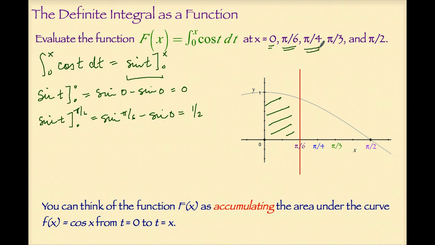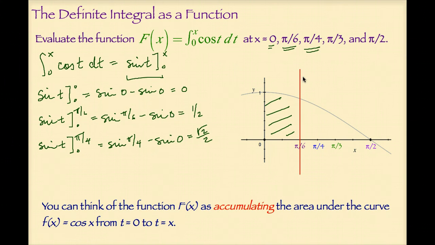Let's try pi over 4. We would be asked to find then the value of sine of t from 0 to pi over 4. This will be sine of pi over 4 minus sine of 0, which is the square root of 2 over 2. That's the value of the definite integral when x is pi over 4.